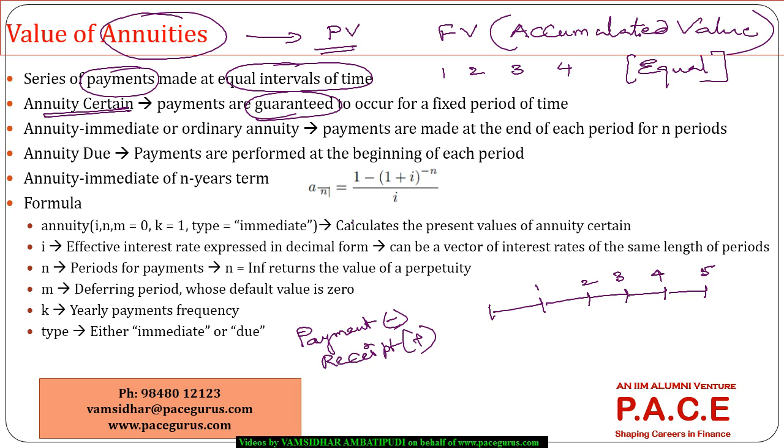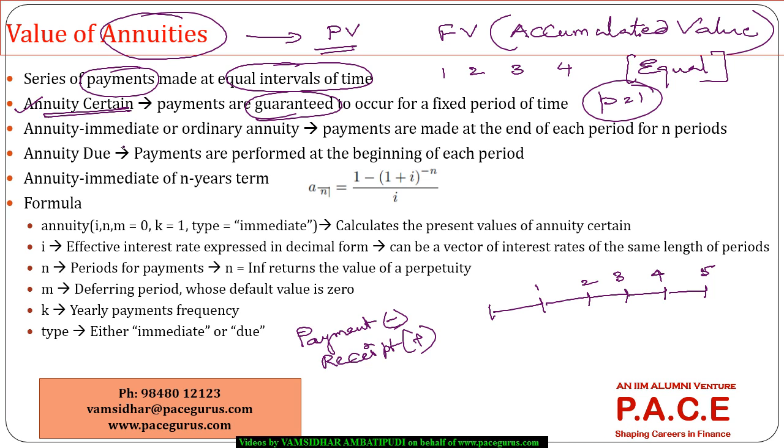If they are bound to occur at different periods of time, and if they are guaranteed that I will get them, then we call them annuity certain, which means the probabilities are typically 1 in these cases. So there is no uncertainty associated with each of these payments. There is no risk involved with respect to paying or receiving these payments.